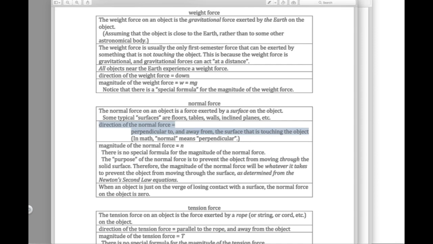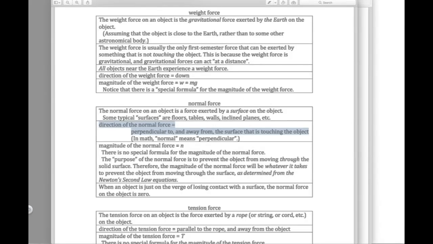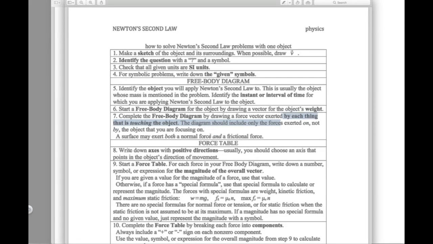Now, are there any other forces that we should include in our free body diagram? Well, follow our systematic process. Coming back to that normal force again for a second, you should keep in mind that any surface could possibly exert both a normal force and a frictional force. When there's a normal force, there could be a frictional force from the surface.